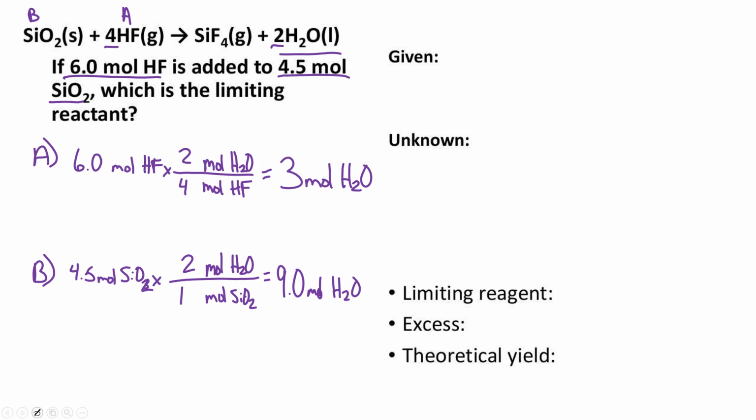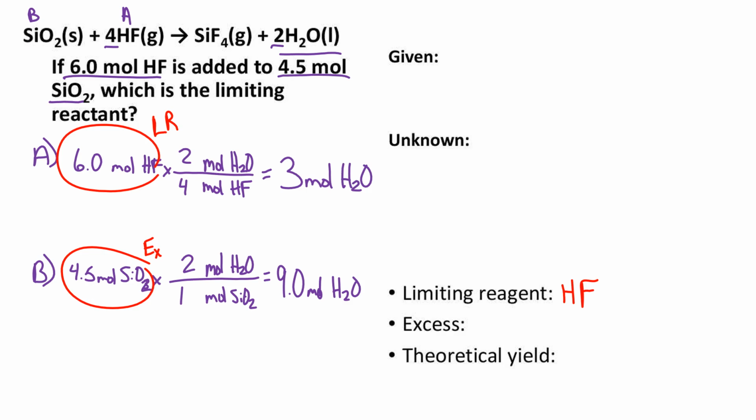So because this one produces a smaller amount, that makes this my limiting reactant. So I'm going to write, if it asks me for a limiting reactant, I'm looking for a compound. All right. Which one's going to have extra at the end based off of these calculations? SiO2. So this is my excess because it theoretically can produce a higher amount.